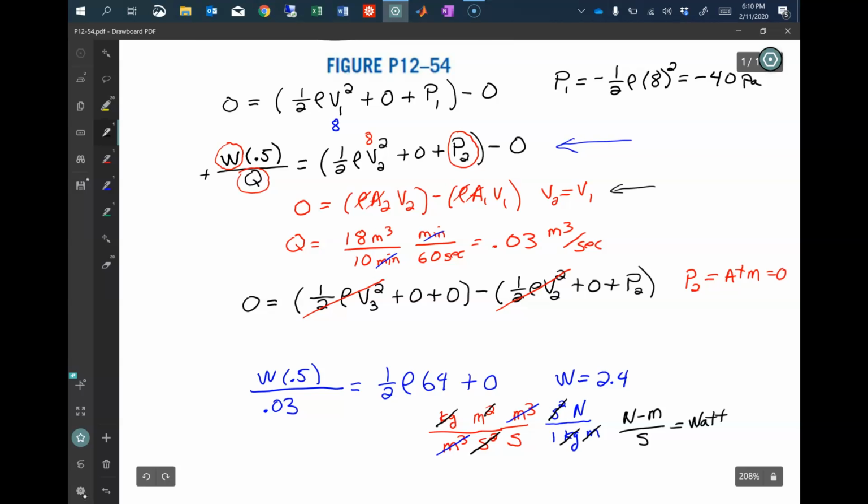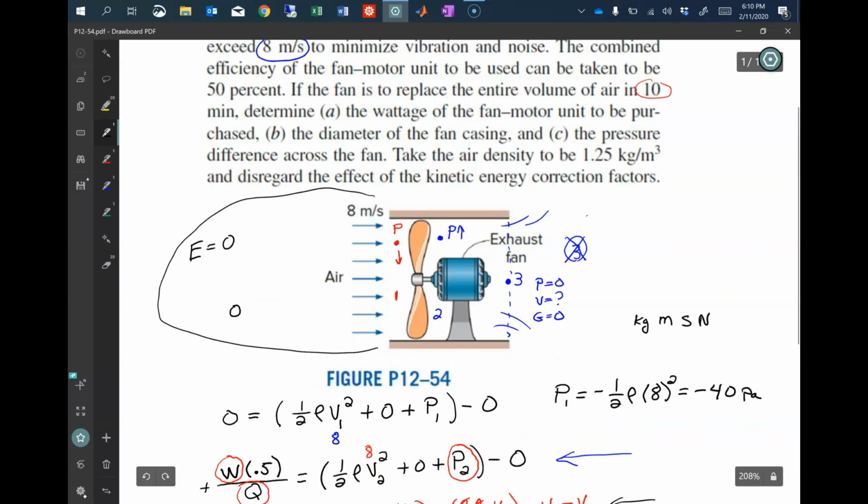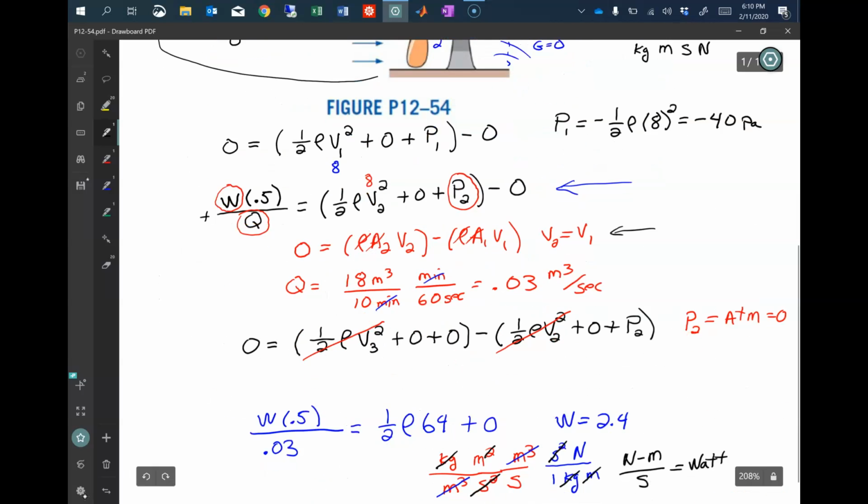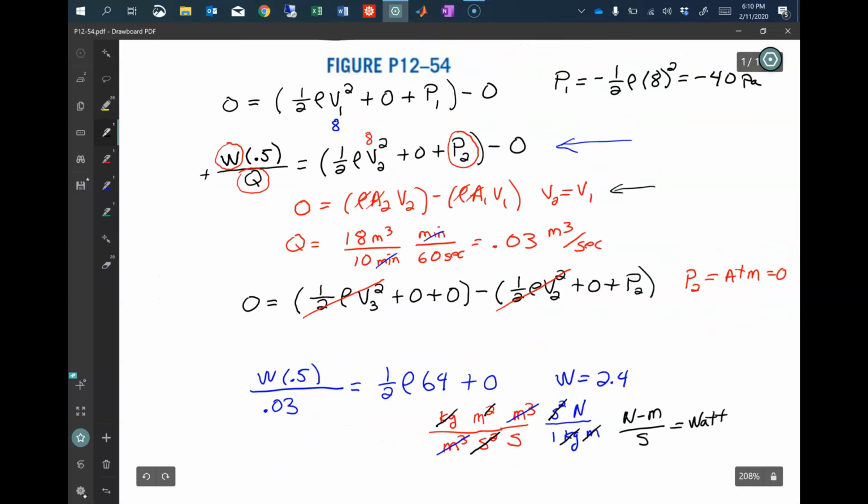Let me see what else they wanted. They wanted the wattage of the fan, 2.4. The diameter of the fan casing. Okay, so the volume flow rate is equal to area times the velocity.